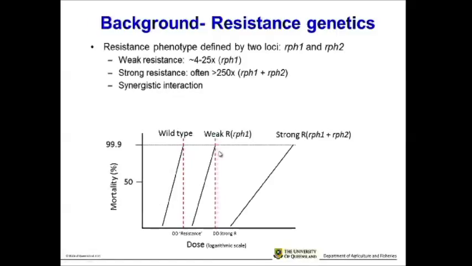So we have weak resistance here. When we combine RPH1 and RPH2, when you have resistance alleles of both in the insects, then we get very strong synergistic interaction and very high levels of resistance. Now this is a log scale along the bottom, so well and truly it's a multiplicative effect.